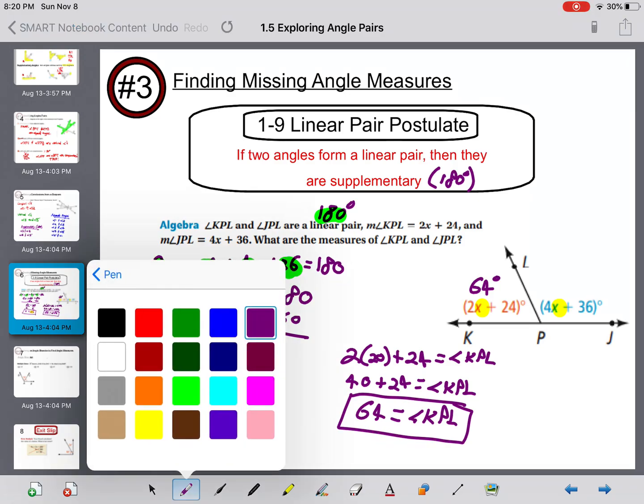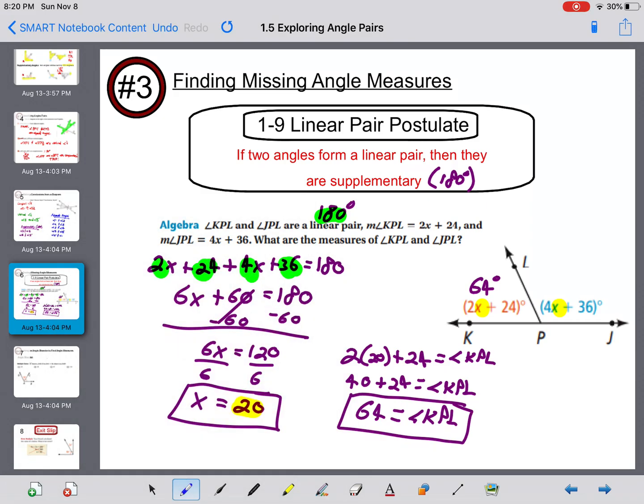Now in order to solve for angle JPL, we have 4 times 20 plus 36 equals angle JPL. 4 times 20 is 80 plus 36, and 80 plus 36 is 116.